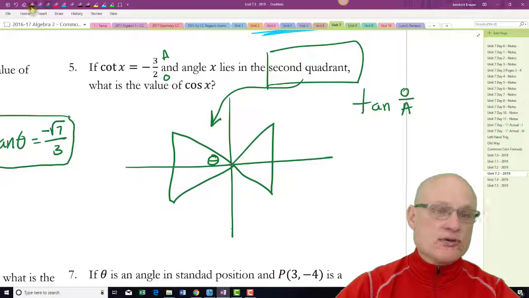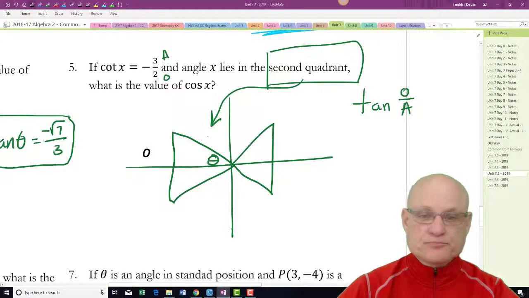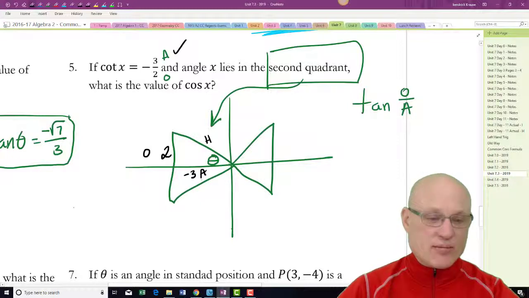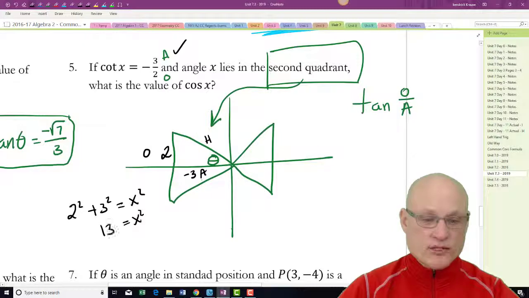If I label this, here's opposite, here's adjacent, here's hypotenuse. Adjacent is -3, opposite is 2. So adjacent over opposite. I still have to find hypotenuse. So 2 squared plus 3 squared equals x squared. X squared equals 13. X is equal to the square root of 13.